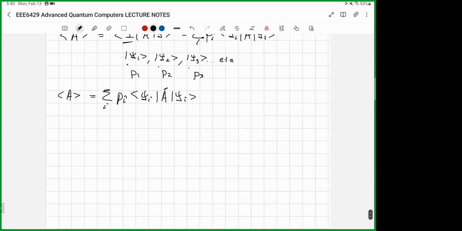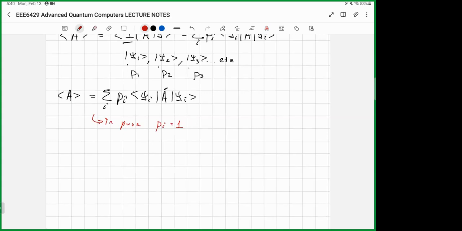If you have the pure state, a system that can be described by just one psi vector, then in the pure state we have only one probability of finding just one particular state. So this p would be equal to 1, because there are no other subsystems in our ensemble.